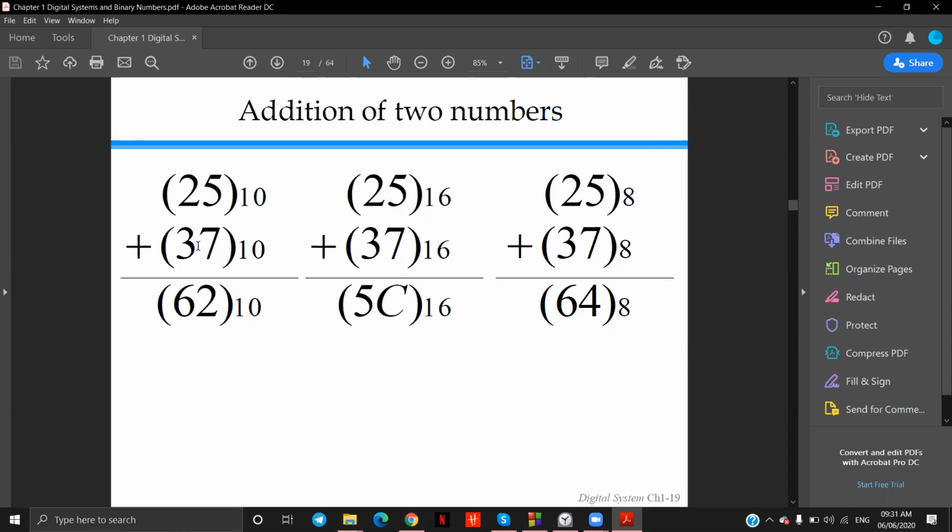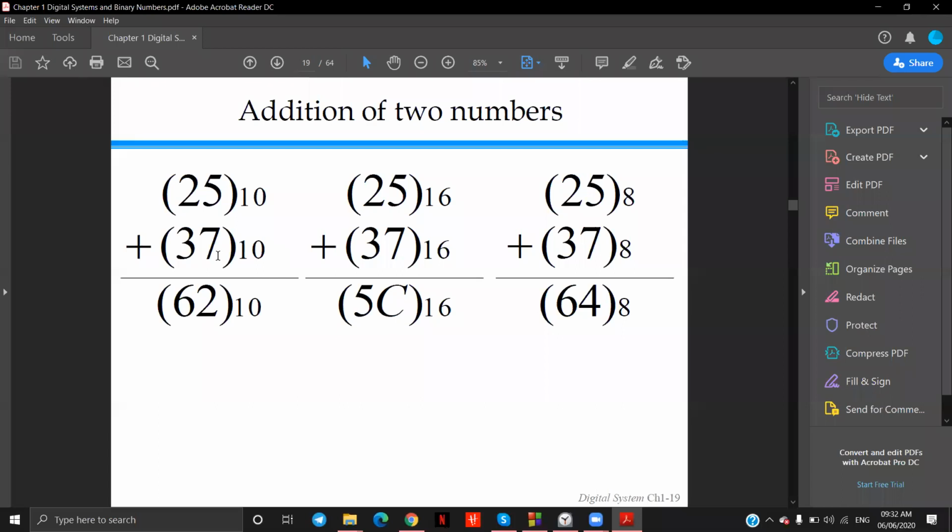Hexadecimal and octal number systems are two different forms of binary. So computers use binary, octal, and hexadecimal number systems. Here, 25 is a decimal number, 37 is a decimal number.